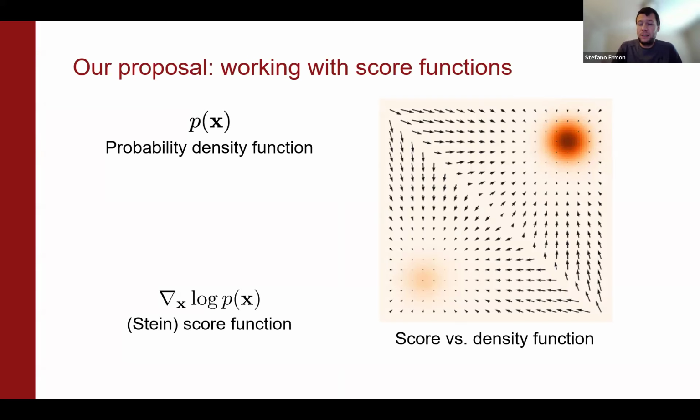At every point you get a gradient, which is a little arrow giving you the direction that you should follow if you want the log likelihood to increase most rapidly, right? You can see all the arrows pointing towards the 2 modes of the density P of x that I'm showing here. Even though they are equivalent, because you can always get the density by integrating the log likelihood, it's more convenient computationally to work with the score because, again, it does not depend on the partition function.